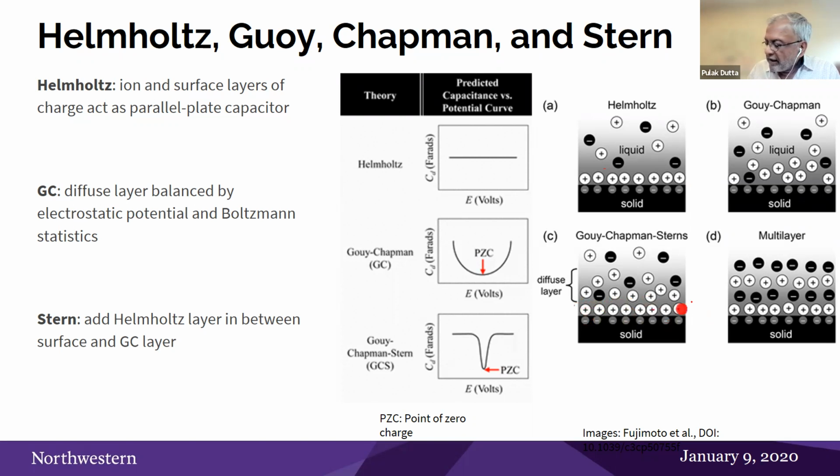Okay, so Stern said, put in a layer right next to the interface, but also a diffuse layer. And so when you make the model more and more complicated, it becomes easier to fit data, as we know in many systems. And so this is now more or less well established.